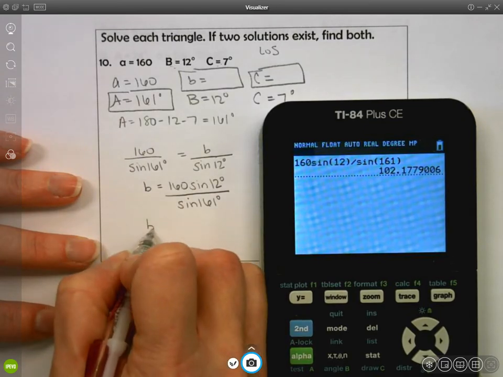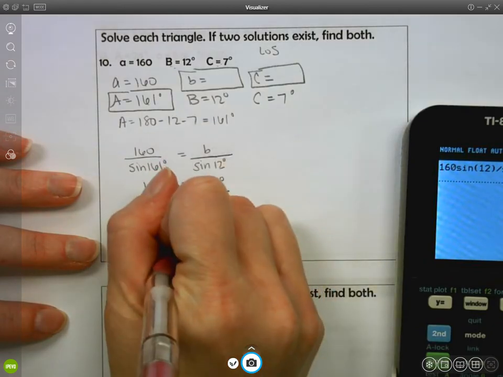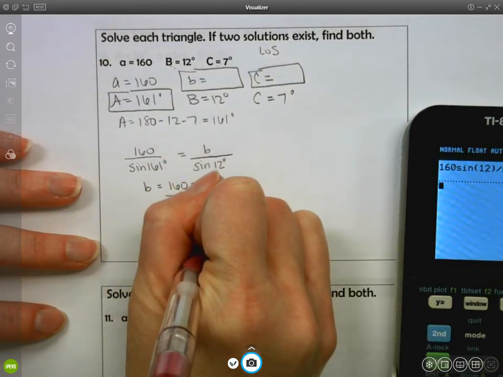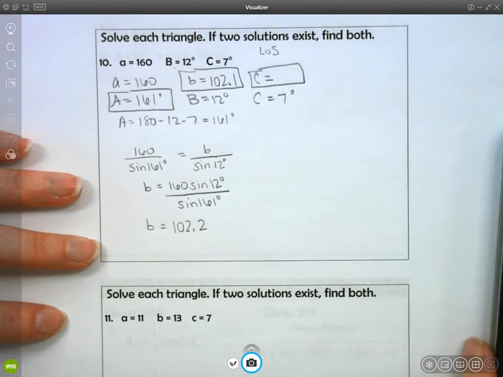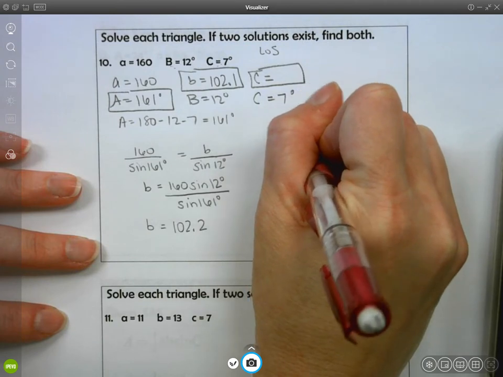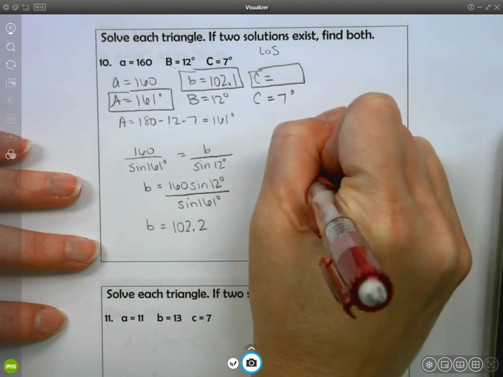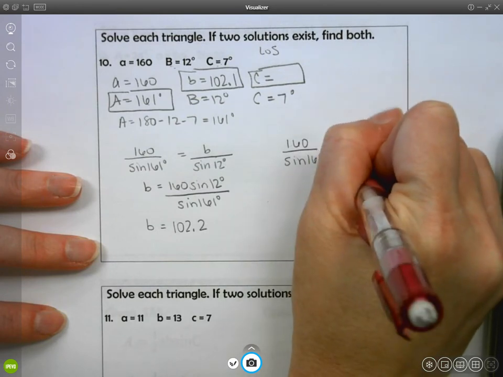We get 102.2. All right, and then we have to use law of sines again to find side C.